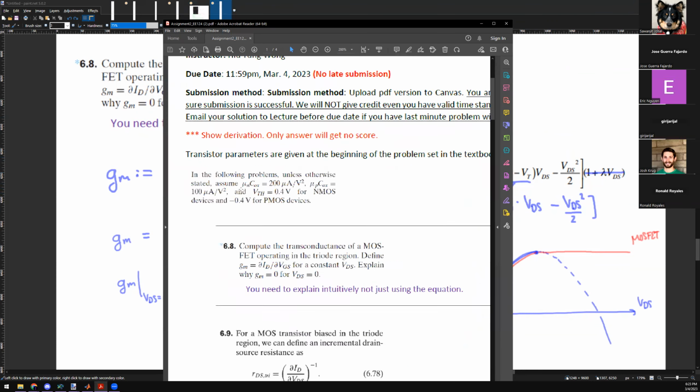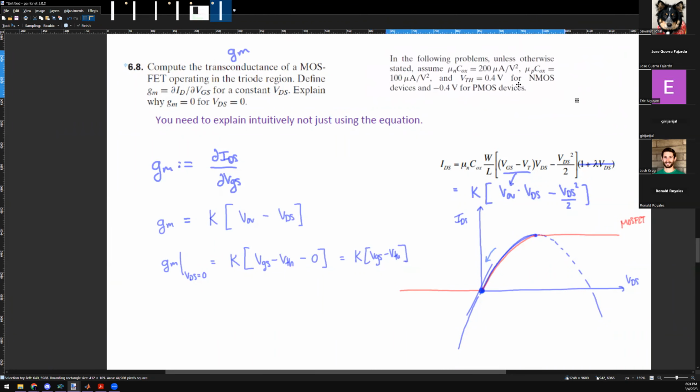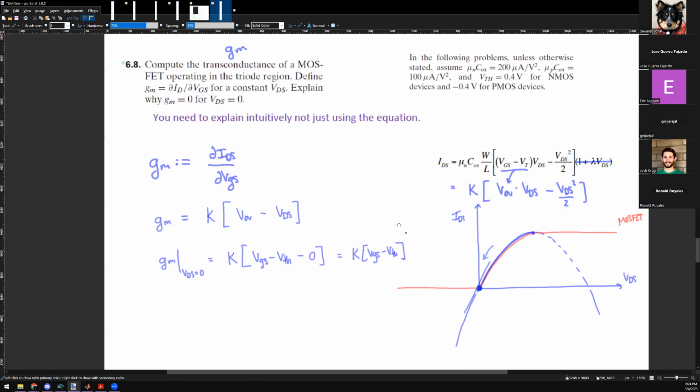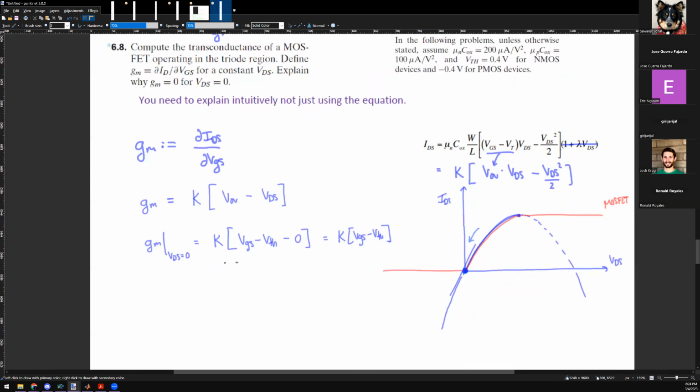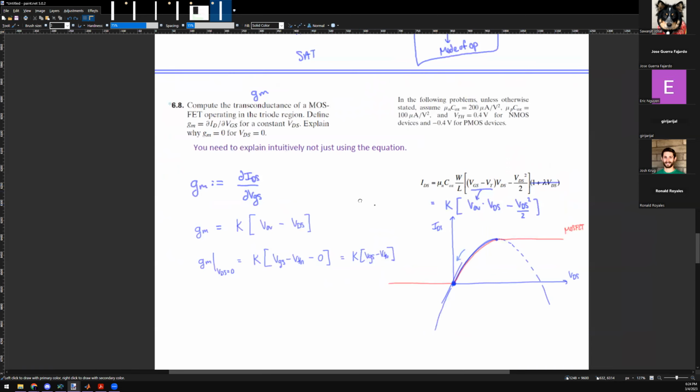It says right here, assume in the following problems, unless otherwise stated, assume this. That just gives me values for K and VTH. We can plug in those values, I guess, but it doesn't give us GM equals 0 for VDS. I disagree.